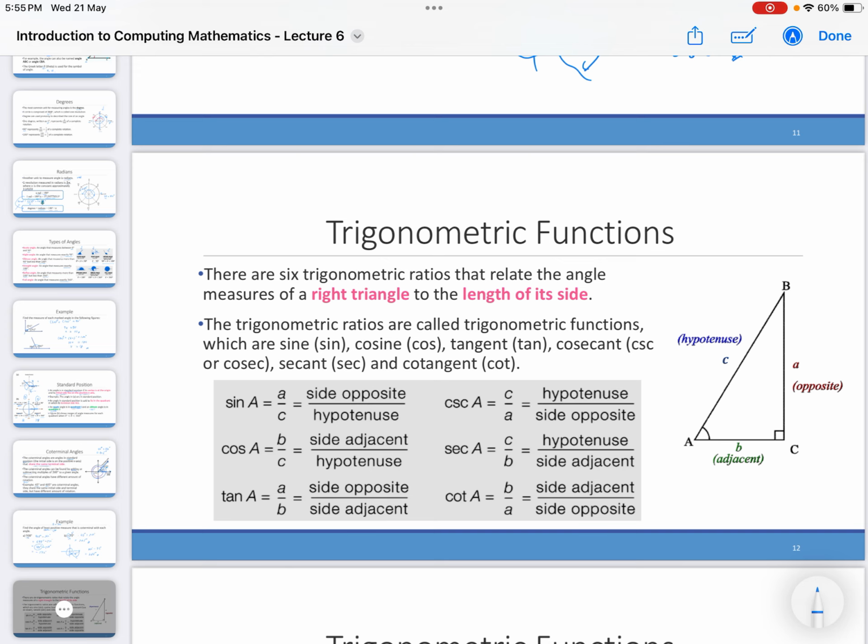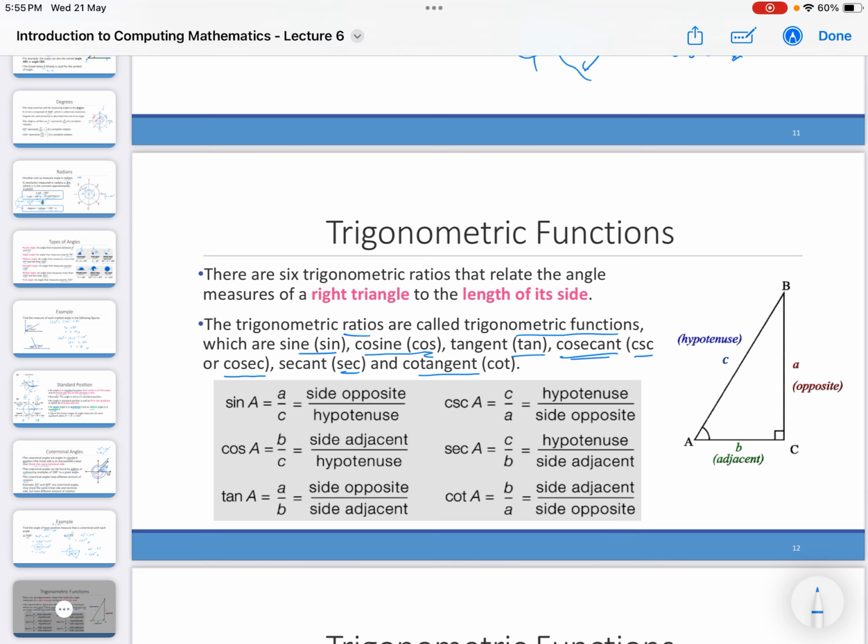The ratios we call trigonometric functions, which are the sine, cosine (I will just call it cos), tangent, cosecant. For cosecant, you can use CSC or COSEC. Then secant, and the last one is cotangent. So we have these 6 trigonometric functions.